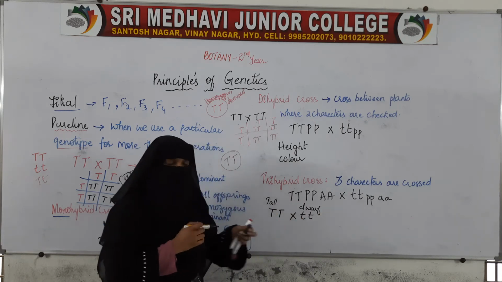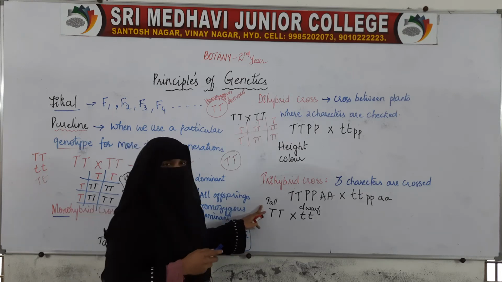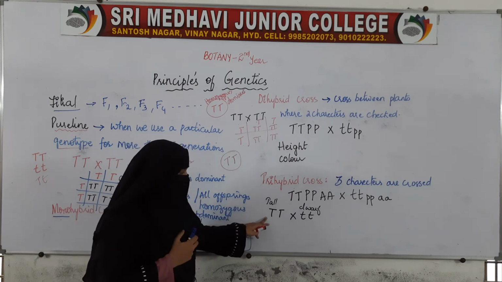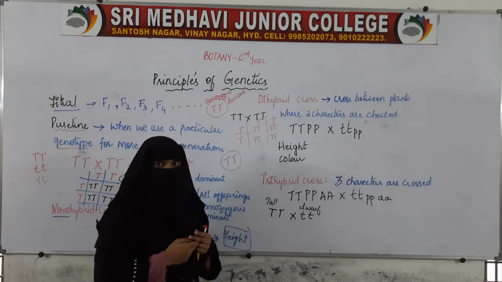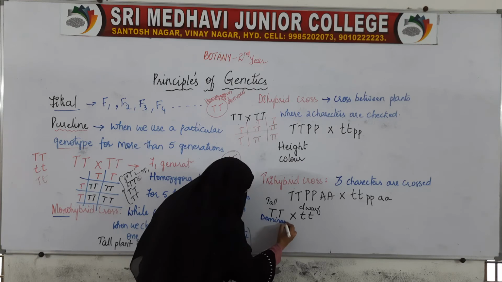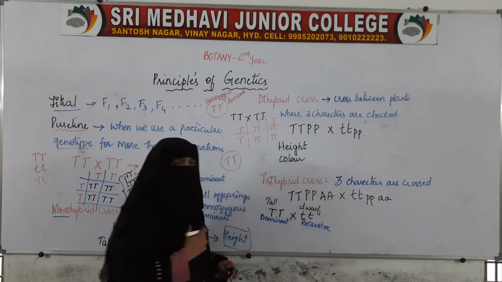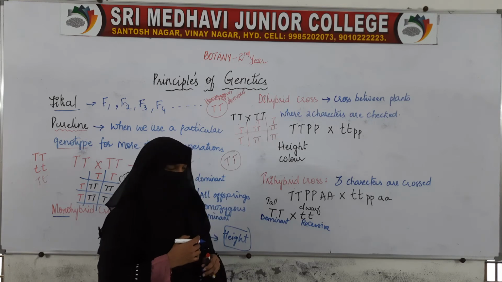We have 2 genotypes which will be giving the height: both capital T and both small t. This is dominant and this is recessive.